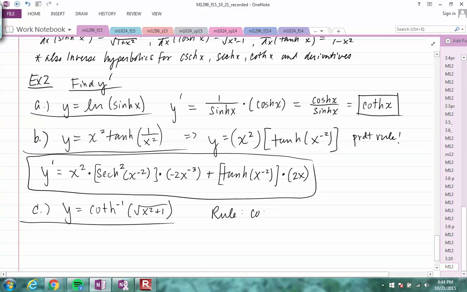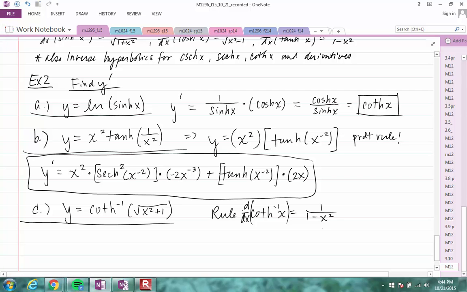So the rule for inverse hyperbolic cotangent, or inverse coth, harder to say than the result, is 1 over, oops, see, I even forgot the derivative because there's just so much going on here, is 1 minus x squared.